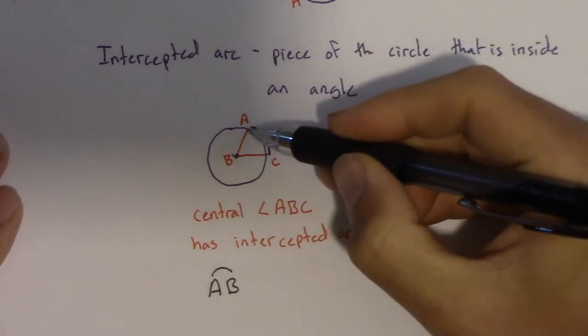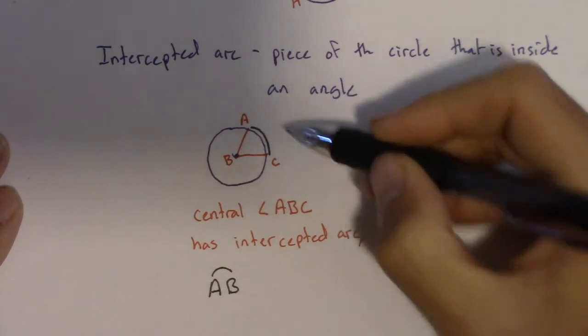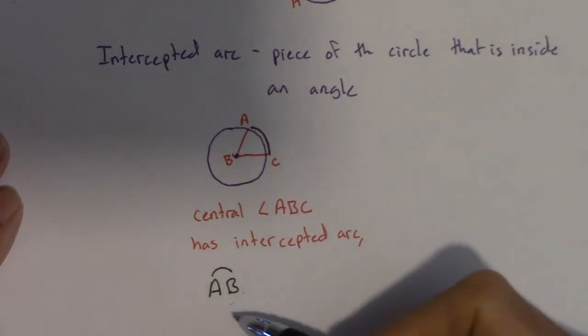That intercepted arc, the part that gets cut by my angle, is going to be arc AB.